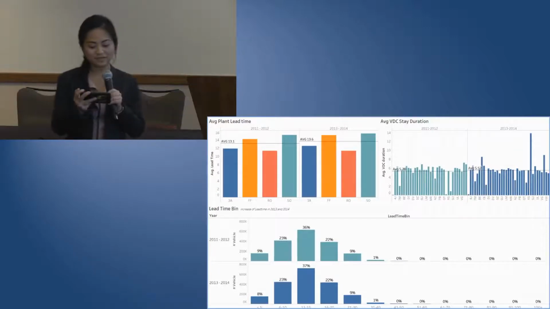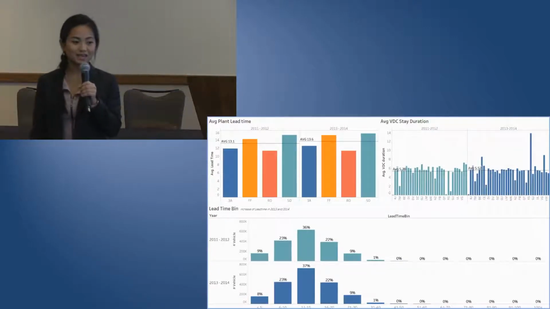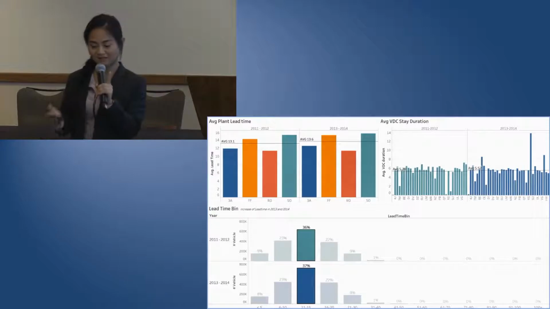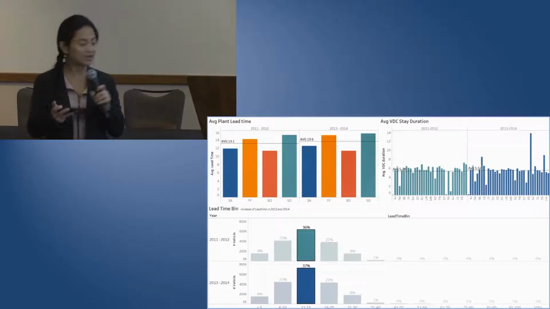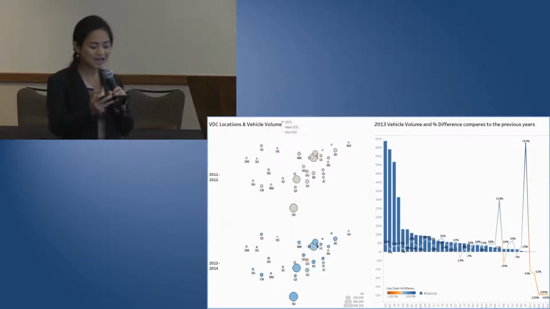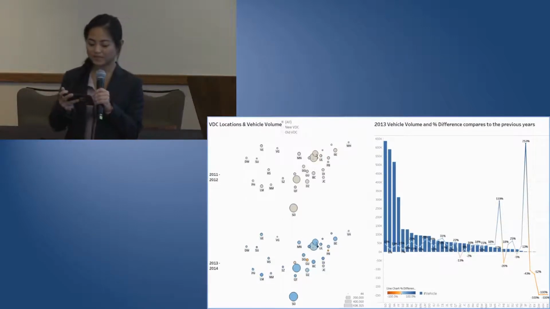So here we have the lead time comparison. There's a slight increase in lead time in 13 and 14, and in particular, the bin of 15 days is highlighted there. So up next, we are comparing the VDC and vehicle in both data sets.